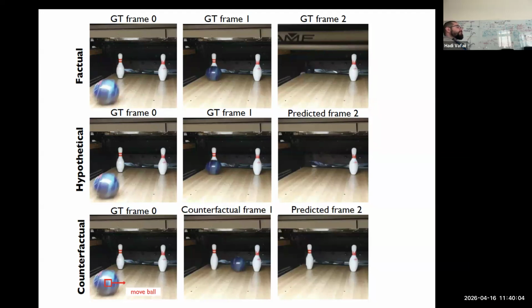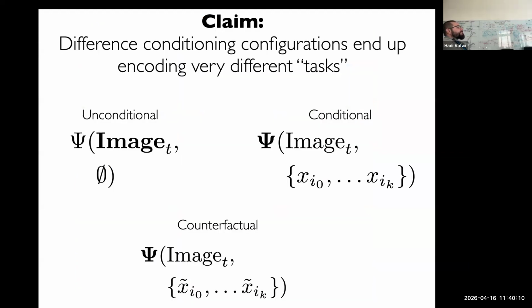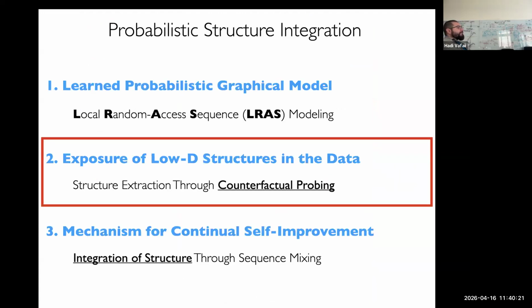Okay, so here's an example of that visual reasoning idea, built on a model of the kind that I just told you about. Basically the claim here is that the differences between these various conditioning configurations end up encoding very different quote tests: unconditional, conditional, counterfactual, etc.